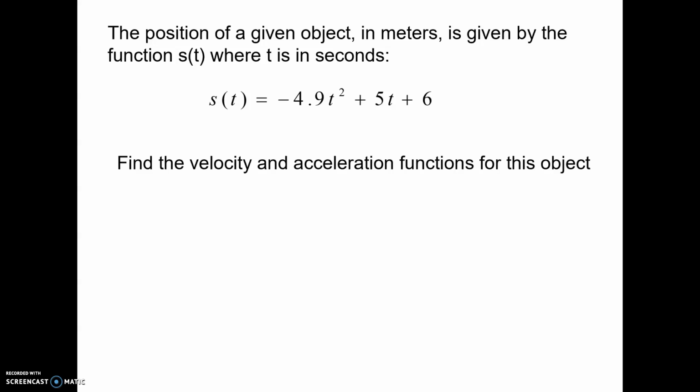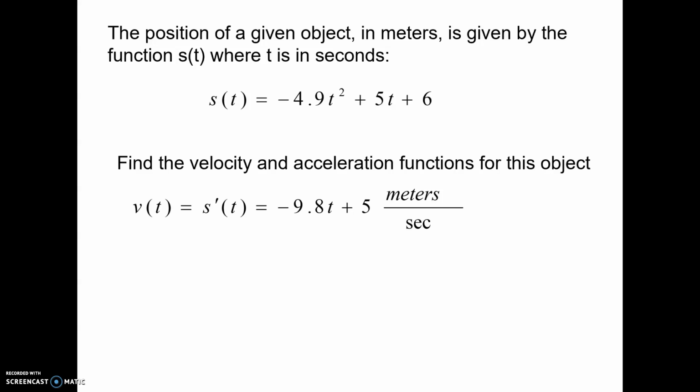The second derivative of a position function is the acceleration. So the velocity will be the first derivative of the position function, which is negative 9.8 t plus 5 meters per second. And remember, derivatives have fractional units. It is change in output unit over change in input unit.